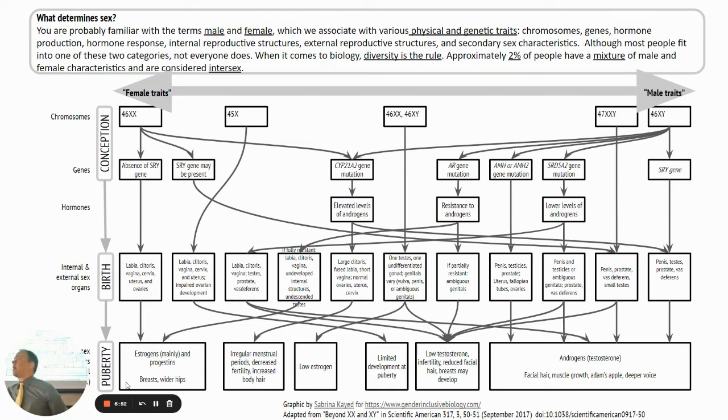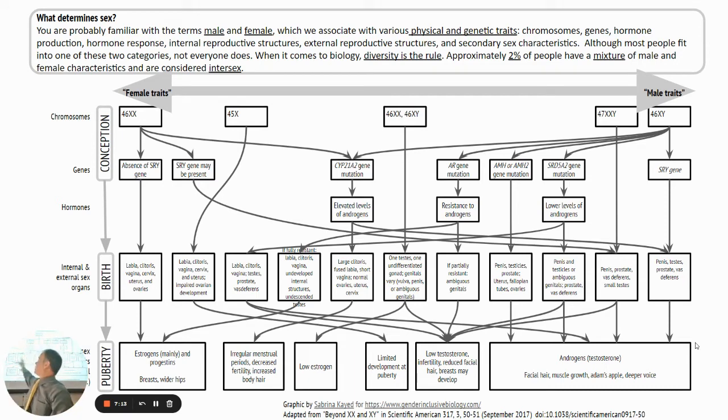Or if we look at the opposite side of the spectrum, we have a person born with an X and a Y chromosome, okay, that have this SRY gene, which is found in the Y chromosome. They develop typical male anatomy and typical male hormones and male secondary sex characteristics.